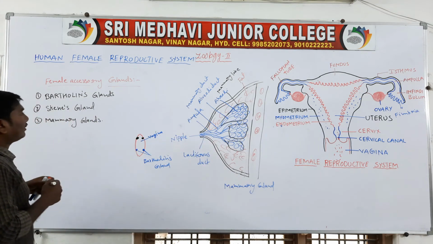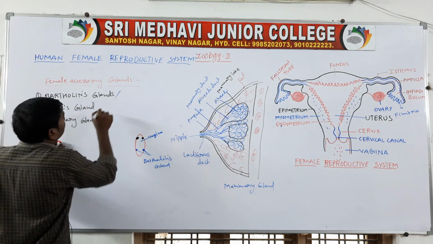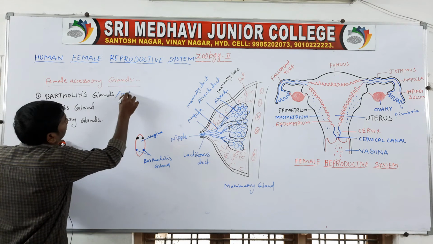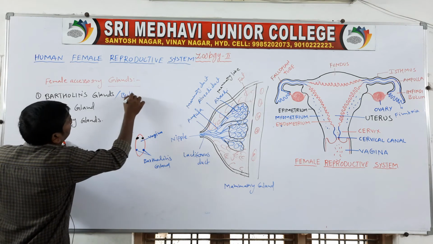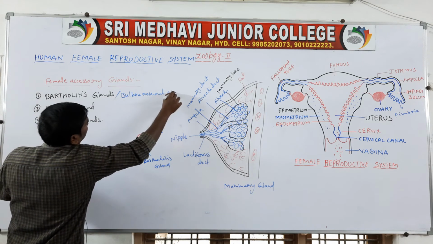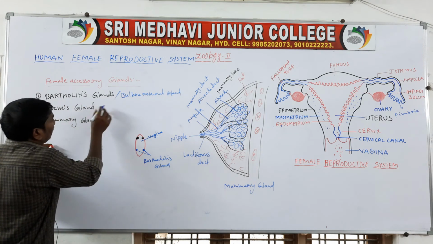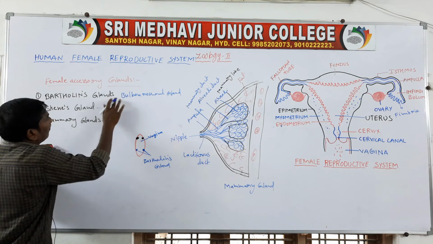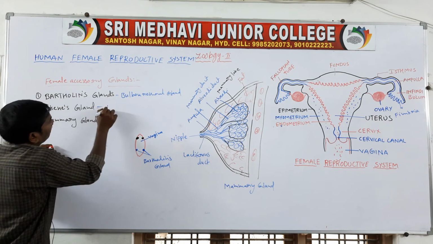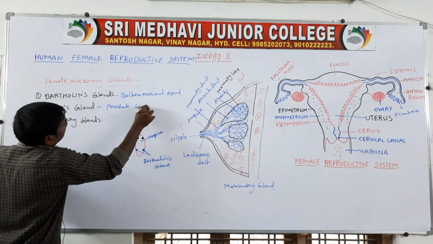The Bartholin glands are homologous to the male bulbourethral gland. The Skene's gland is homologous to the prostate gland.